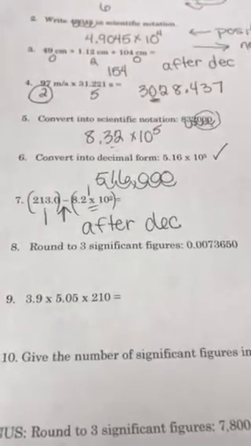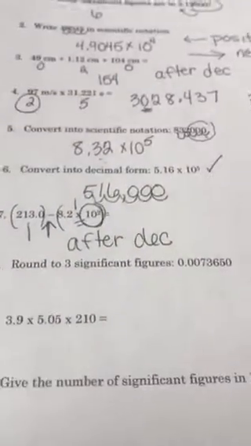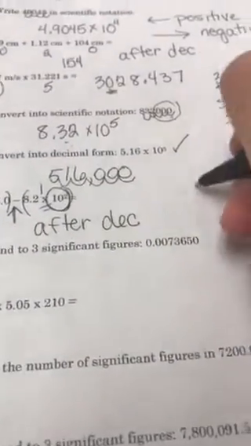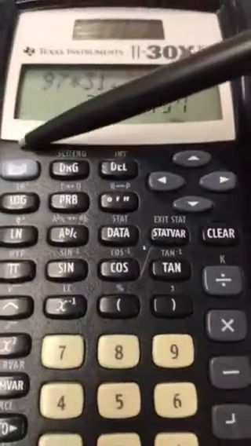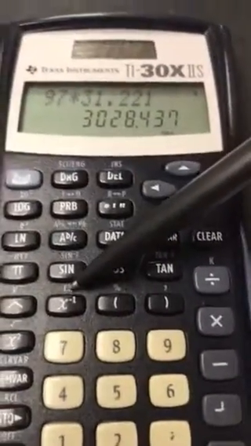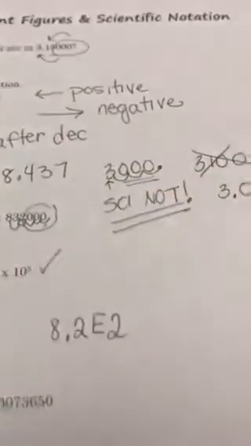So when you put that into your calculator, don't forget that this times 10 to the second, you need to use that double E button. So you would put 8.2, then double E. You're looking for, at least on these calculators, this one right here. You push second, double E, and then you can put in the number that's after the exponent.